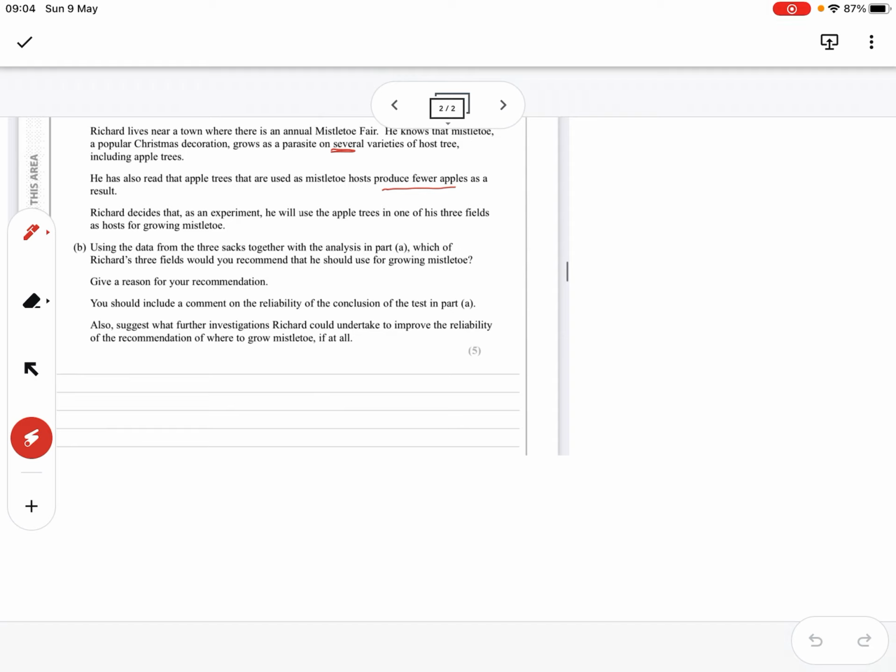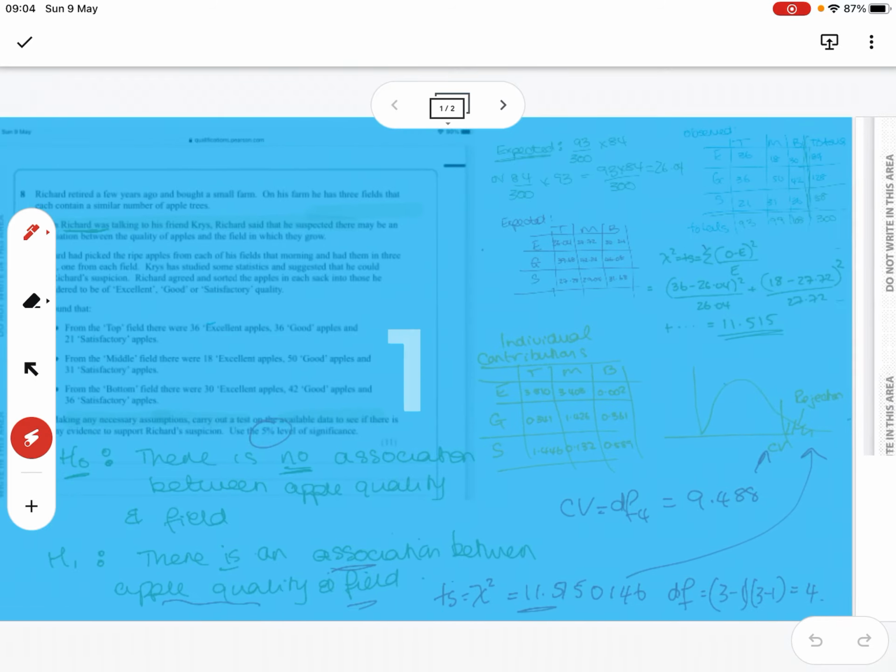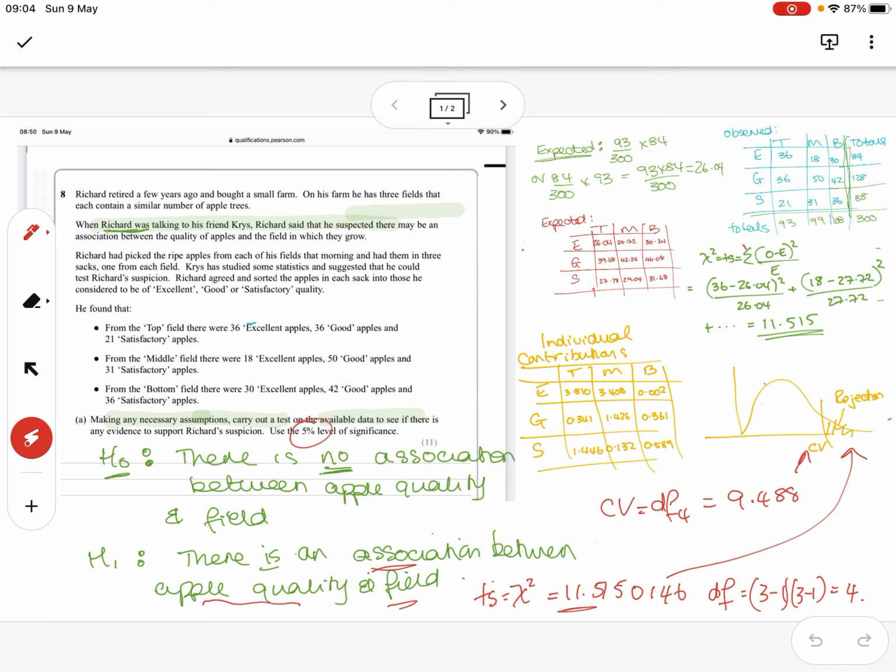Or one of the other 2 fields, it doesn't really matter. Or you see the top field does produce the least amount of apples anyway.